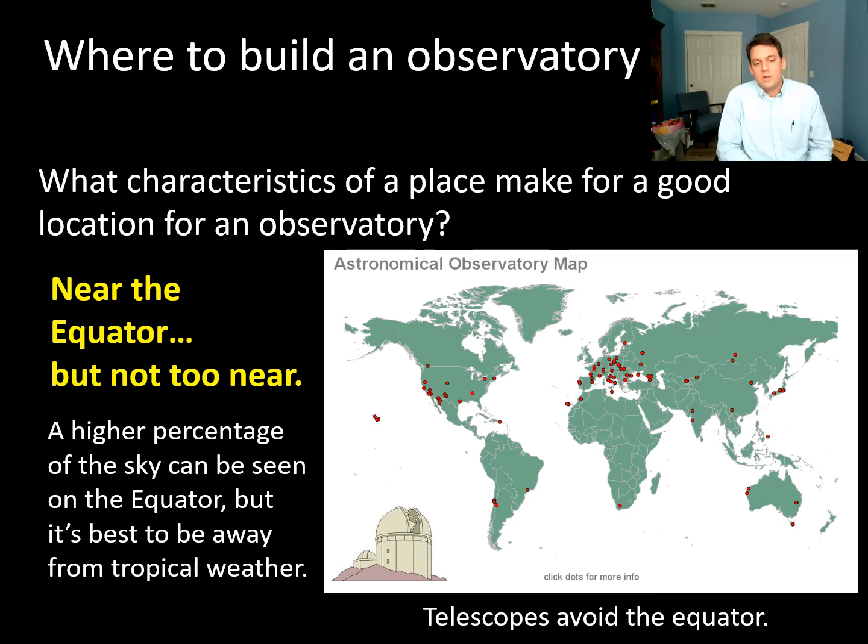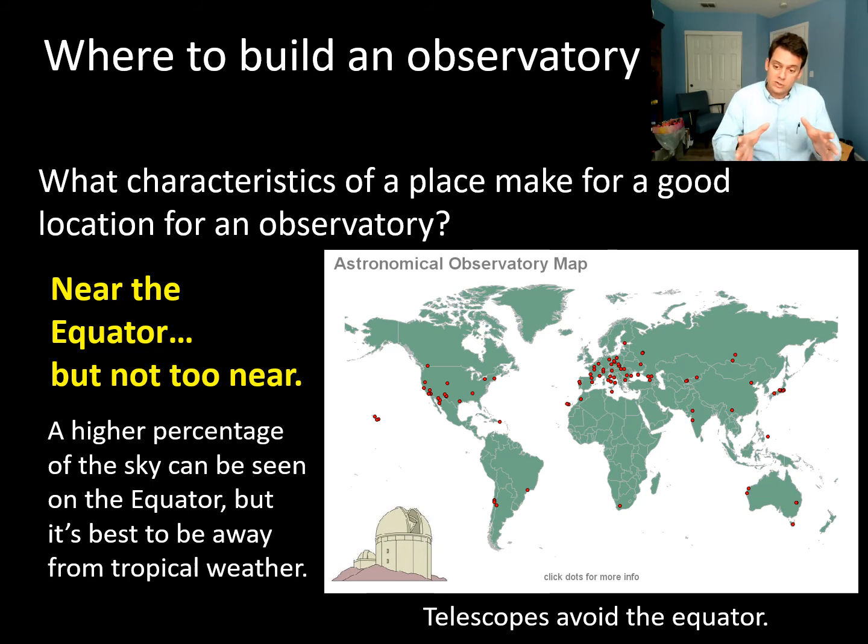And finally, you'd like it to be near the equator, but not too near. Okay? And the reason for that is that in the northern hemisphere, you see certain stars at night, and in the southern hemisphere, you see different stars. If you're near the equator, you see more of the sky. You can see both northern hemisphere and southern hemisphere stars.